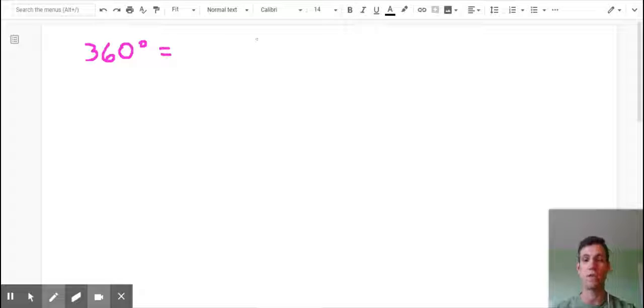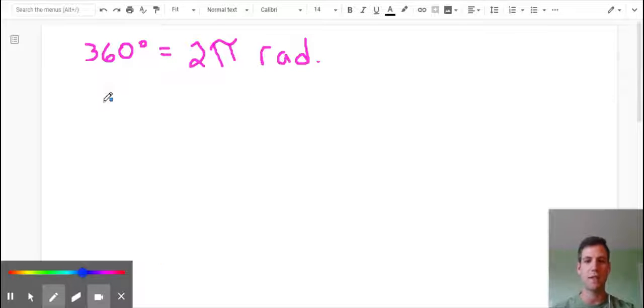That is where the formula of 2 pi r, or 2 pi times the radius, comes from, because 2 pi is equal to about 6.28. So we can say that 360 degrees and 2 pi radians, and the most common abbreviation for radians is RAD, are going to be equal to each other.